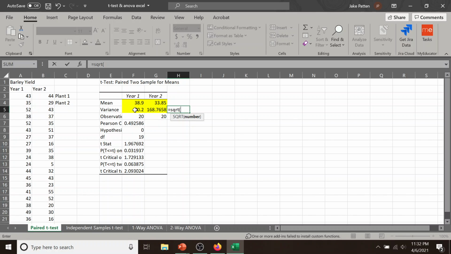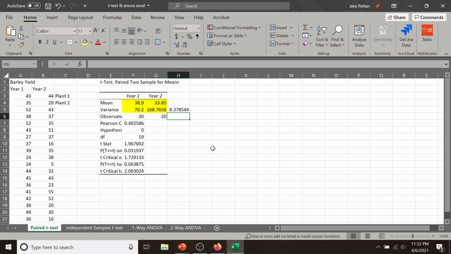I'm going to take the square root of this variance here. And there's our standard deviation. We can click on that, go to this fill handle here, and move to the side. And now we've also got the standard deviation for year 2.